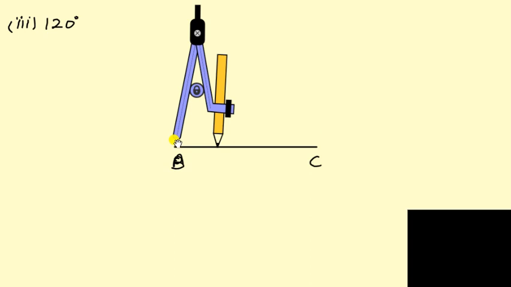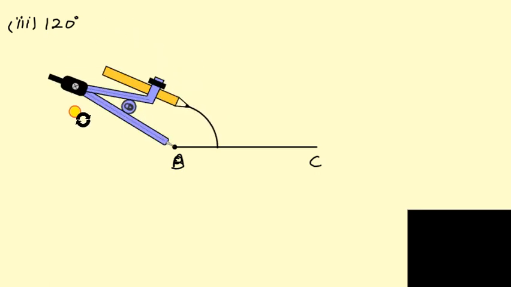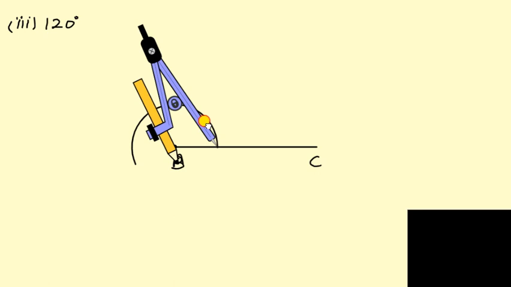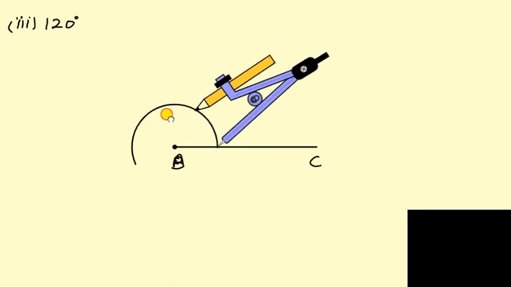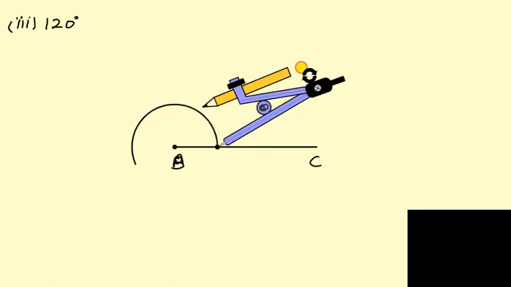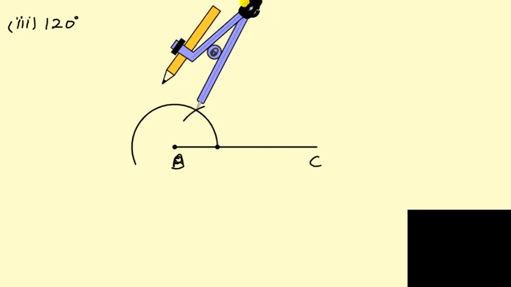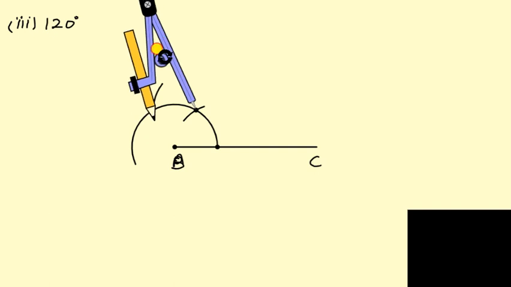Yes, write point A. You can write here point A. But how can we know it's 90 degrees? So you can measure with the help of a protractor. So you can see it is clearly a 90 degree angle. So this is perfect. Now remove this and you can write here it is 90 degrees. Now come to the third question, the third part of this question.